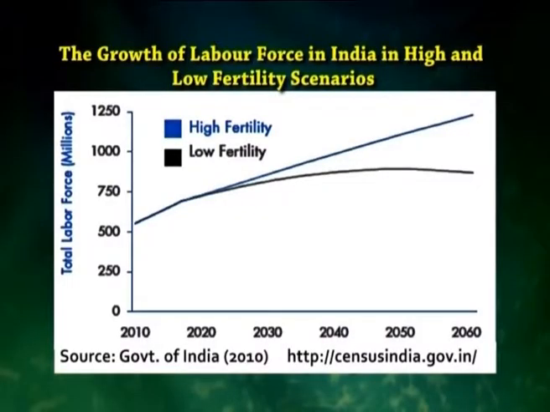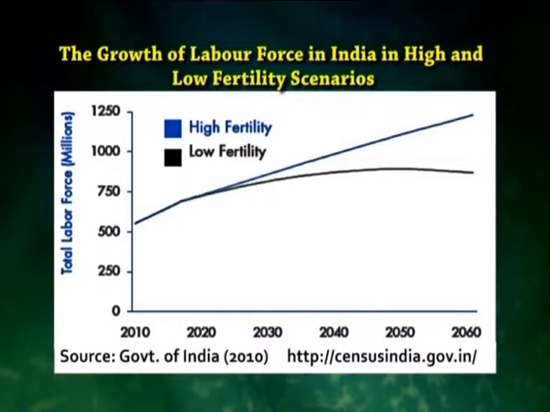A large population size will affect India's ability to expand the labour force. The expansion in labour force of India can be observed from this figure. The figure shows that with high fertility, the demand for jobs will more than double in the next 50 years.